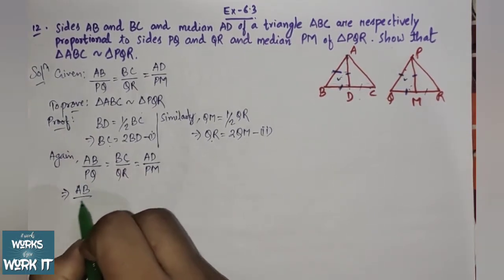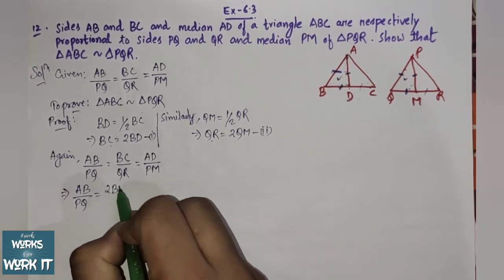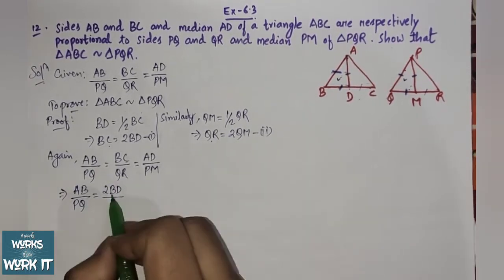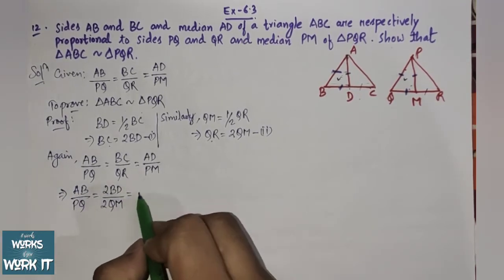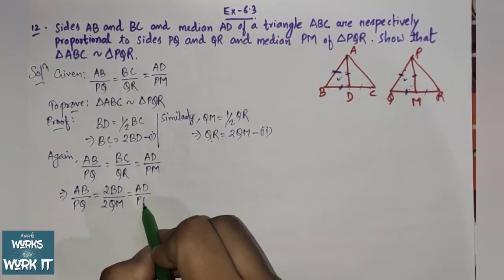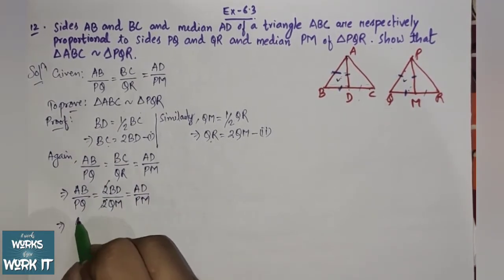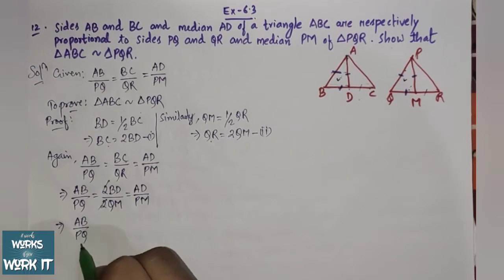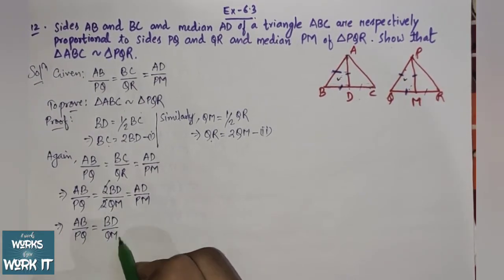AB by PQ will be equal to, in place of BC, twice BD, and in place of QR, twice QM, and then AD by PM. After cancelling the 2 and 2, we get AB by PQ is equal to BD by QM.